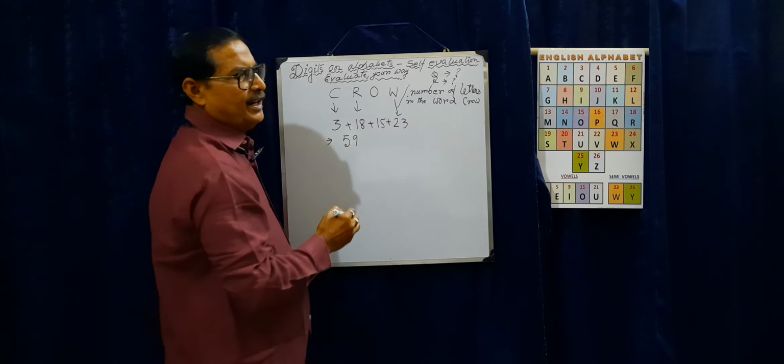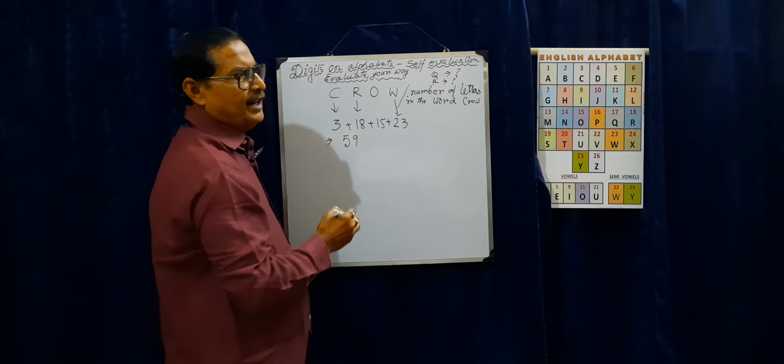This is the dividend. And 4 is the divisor. Now 4 ones are 4. After subtracting, we got 1, then 9, then 4 fours are 16. Remainder is 3.